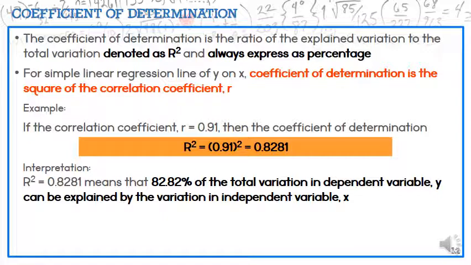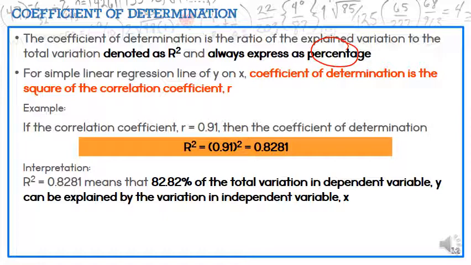Next is the coefficient of determination. The coefficient of determination is the ratio of the explained variation to the total variation denoted by r squared and always expressed as percentage. For a simple linear regression, okay, coefficient of determination is the square of the correlation coefficient R. So the Pearson product moment correlation coefficient R that we calculated earlier, to find the coefficient of determination, we simply square the R to get the coefficient of determination.